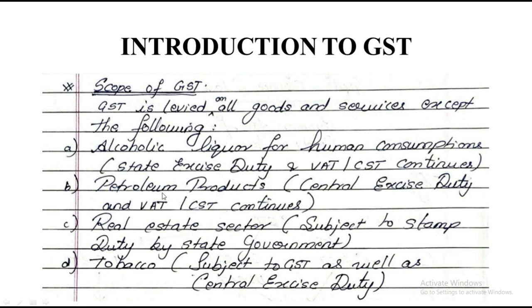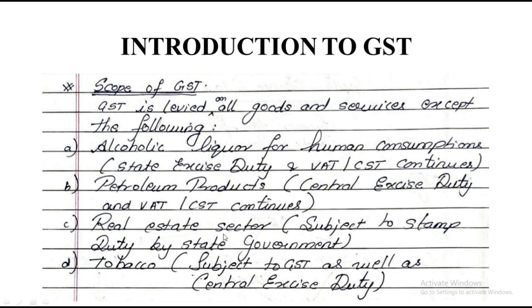Second, petroleum products, because under that we have central excise duty and VAT. Third, the real estate sector, because it is subject to stamp duty by the state government. However, in a year or two onwards, GST is applicable on property when you do your registration.